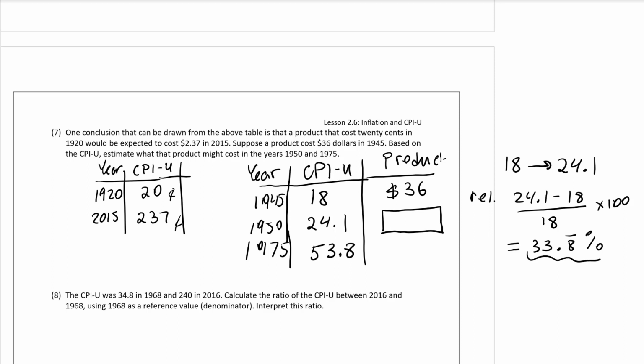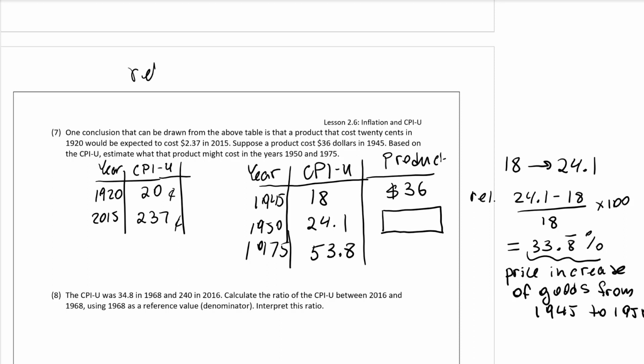This measures the price increase of goods from those years, which is from 1945 to 1950. So in a matter of 5 years, the prices have gone up by 33.8% on average across all the products. This is called inflation.